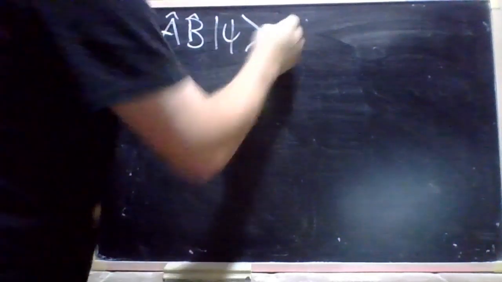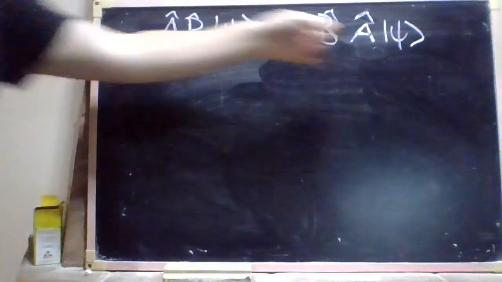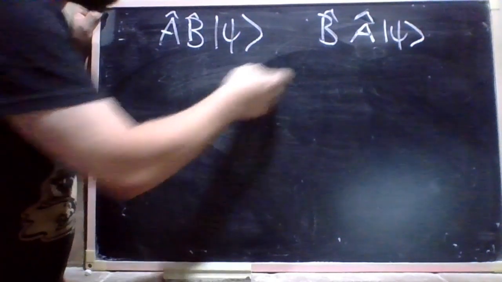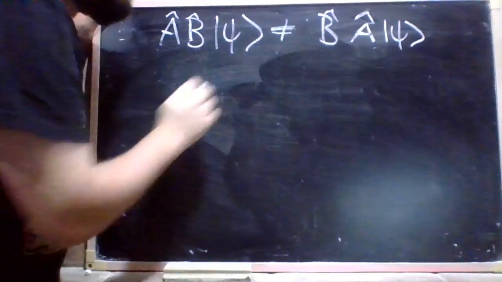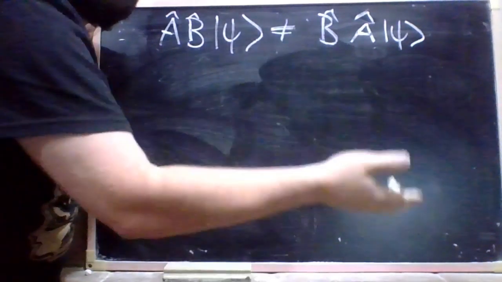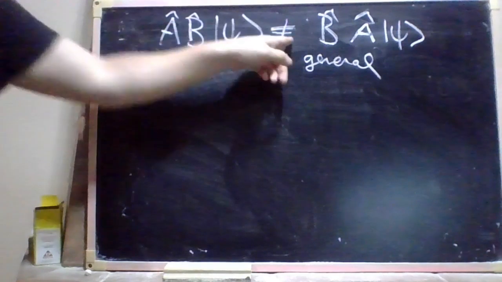Because if you make a B measurement and then an A measurement on the state psi, or you measure first A and then B in the same prepared state at first, these things may be distinct. It may be, perhaps it's not, when these things commute. If the matrices commute, it doesn't matter. You can do the measurement of A and then B or in the reverse order. But in general, they may not be equal.